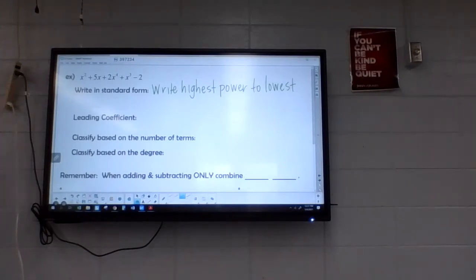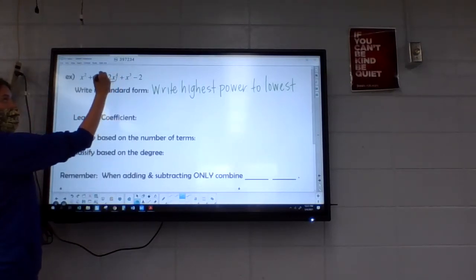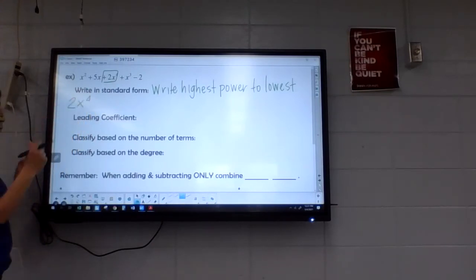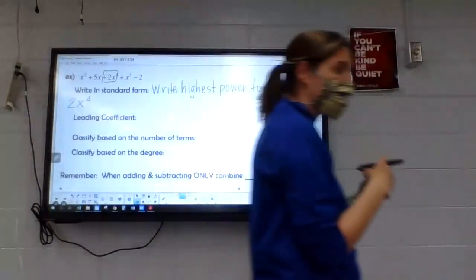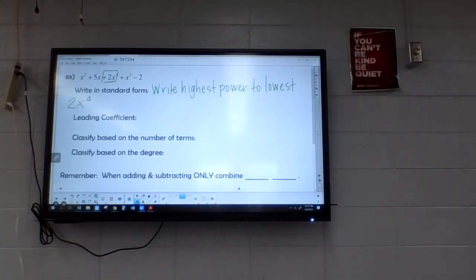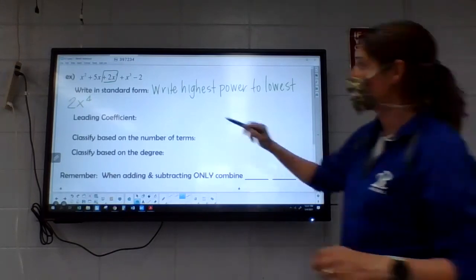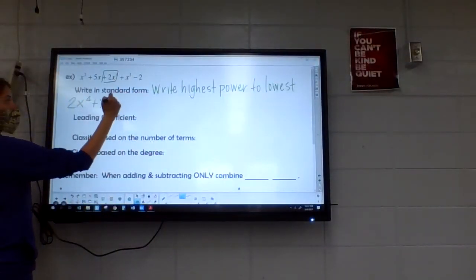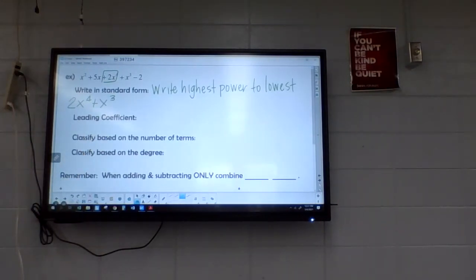The fourth power, right? So that 2x to the fourth is the first term then. So we're going to write this one first because it's the highest power. That all has to go together. That term stays as 1. That being said, what's going to be next? X cubed, or x to the third. That's the next highest power. And it's positive. How about next? X to the second.